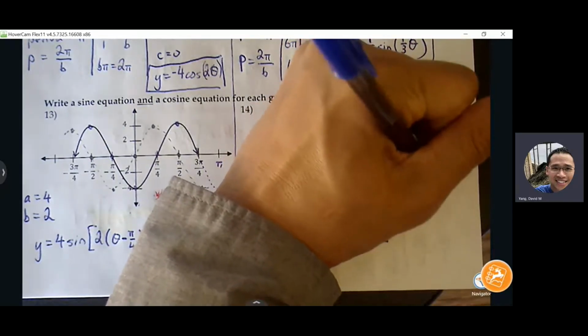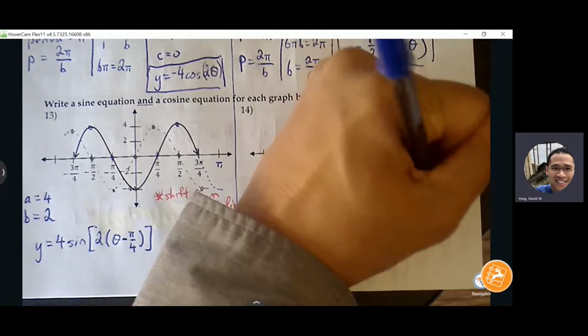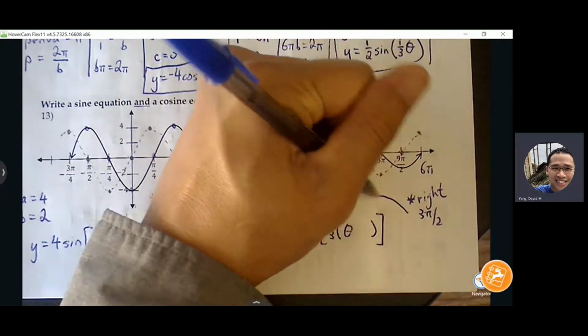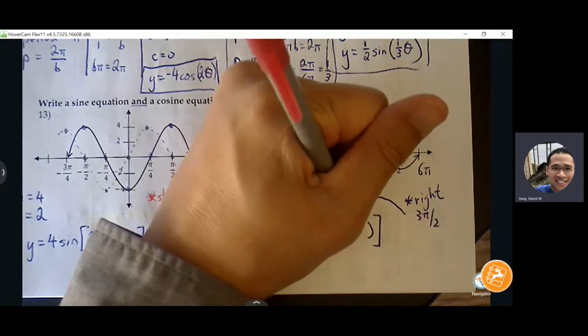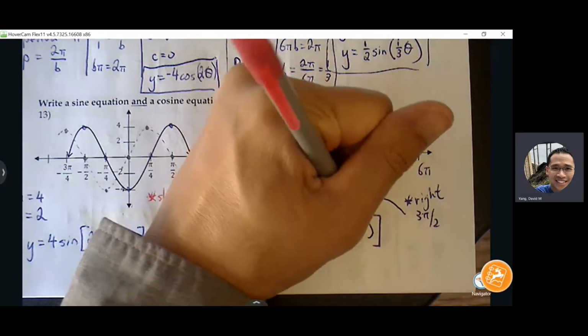3/2. So how can we make that adjustment in our equation? Say it again. But we want to go right. So remember, everything's opposite with phase shift, right? So minus 3/2.